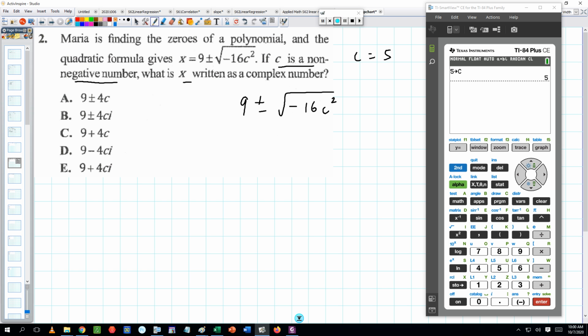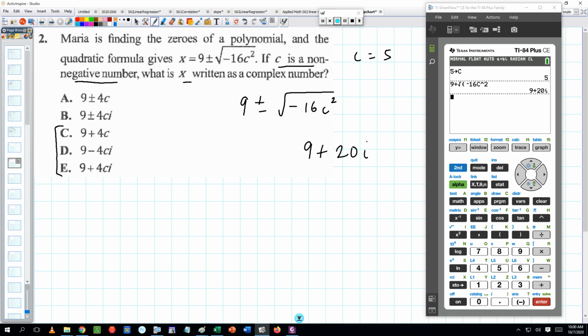Well, I know the choices that do not have plus or minus are probably not going to be my answer. So 9 plus the square root of -16 alpha c squared gives me a result of 9 plus 20i.